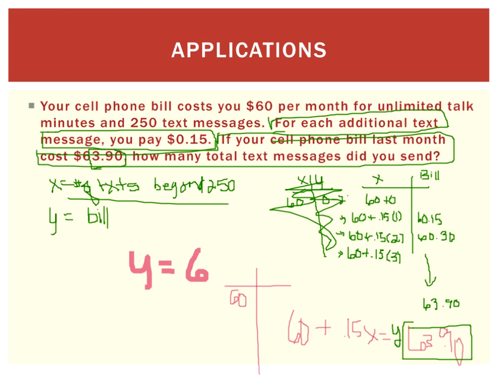Let me get out my calculator for that. 390 divided by 0.15. 26? Yep. So I had 26 text messages beyond the 250. So how many total I sent would be 250 plus 26? Right, 276.